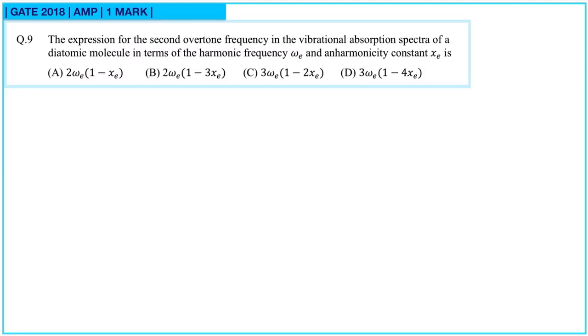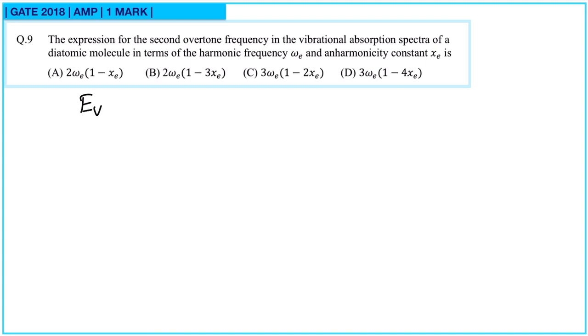Next question. The expression for the second overtone frequency in the vibrational absorption spectra of a diatomic molecule, in terms of the harmonic frequency omega E and anharmonicity constant chi E, is.